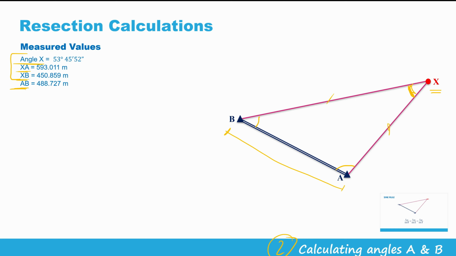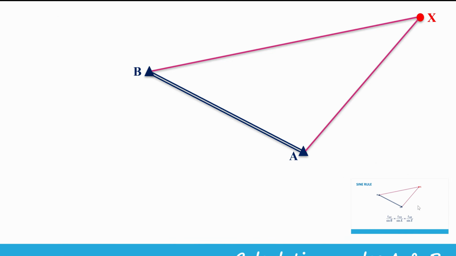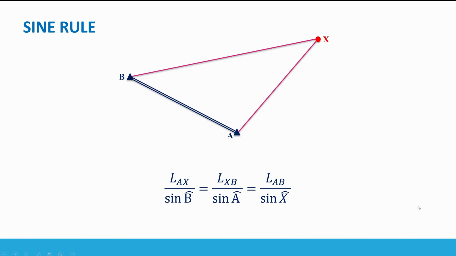488.727 meters. So now let me remind you about the sine rule before we apply it for our resection calculations. This is from trigonometry, just to remind you.